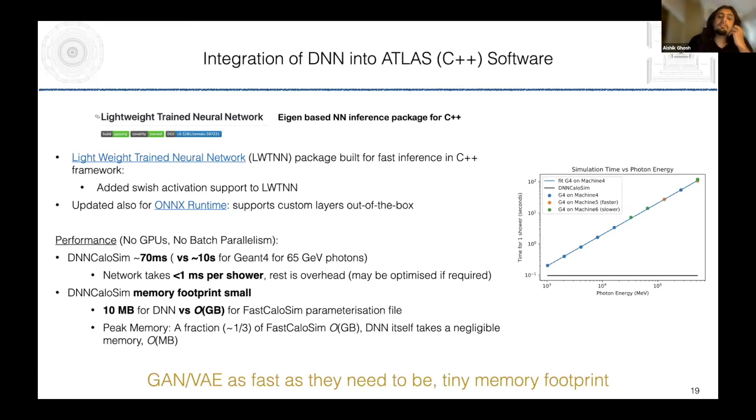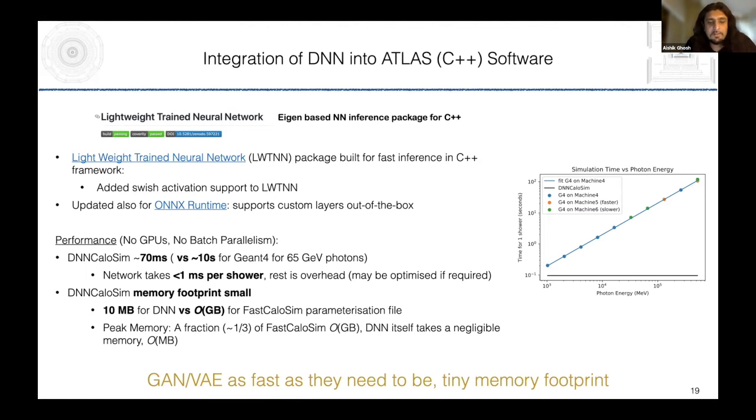So the neural network takes about 70 milliseconds to generate a shower compared to tens of seconds for Geant4, or even higher at higher energy. And the actual neural network component takes less than a millisecond. The rest is just overhead that we could optimize, but we didn't because we were already sufficiently fast.